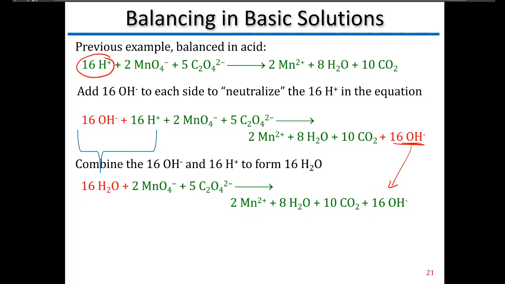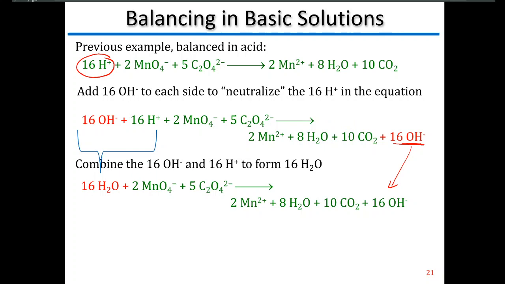If, for instance, we still had, let's just say, 2 H plus over here, you would combine those with 2 of the OH minuses to give you water. Sometimes that will happen, but in this particular case, we don't have any there. So just bring down your OH minus.